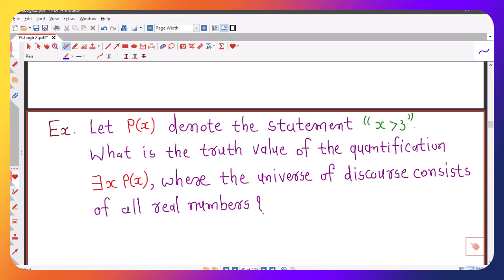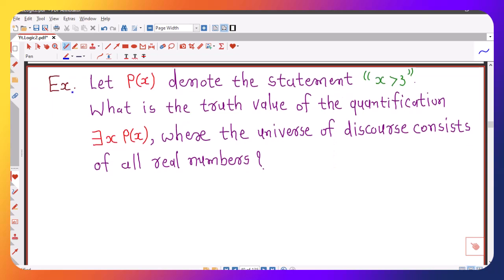So I have taken some examples to explain this concept of existential quantification. First example: suppose px denotes the statement function x is greater than 3. What is the truth value of the quantification there exists x px, where the universe of discourse consists of all real numbers?